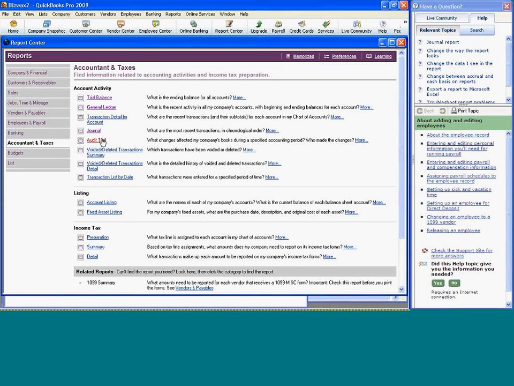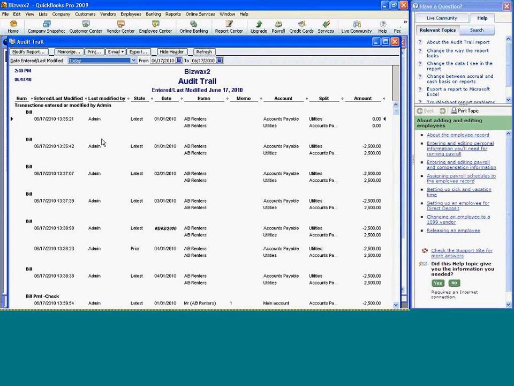Audit trail. So this is everything that's happened in the company. So then the accountant can actually go through line by line and see all the details that's happening in the company.